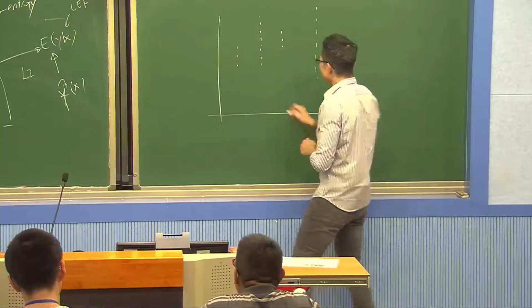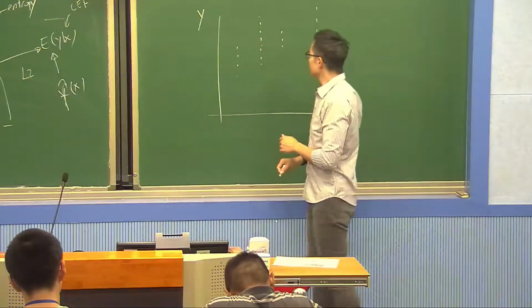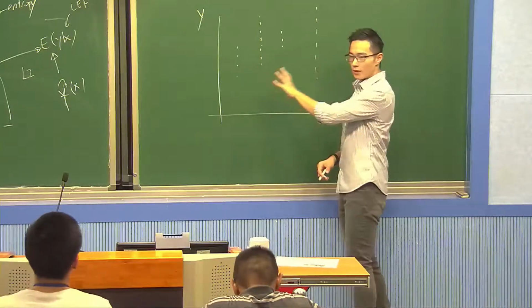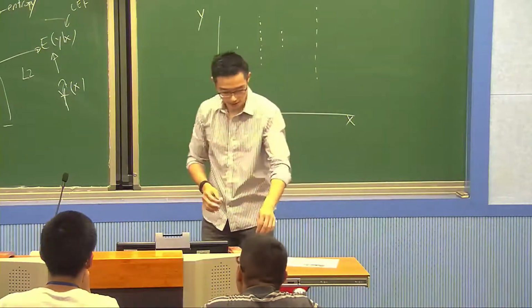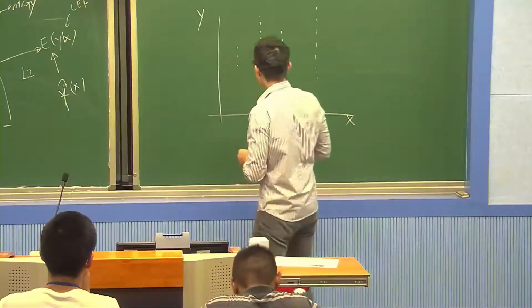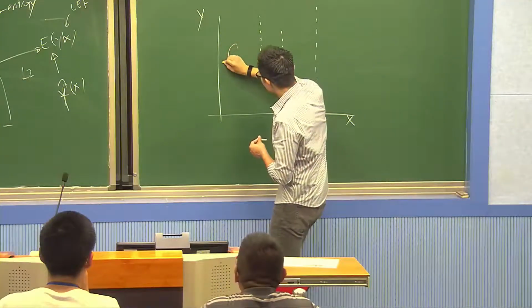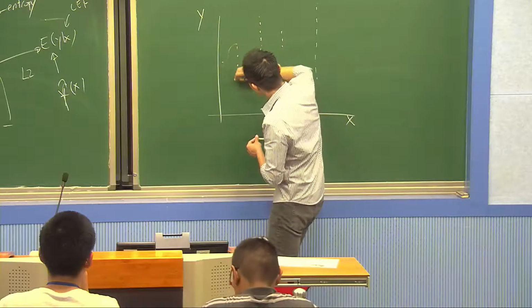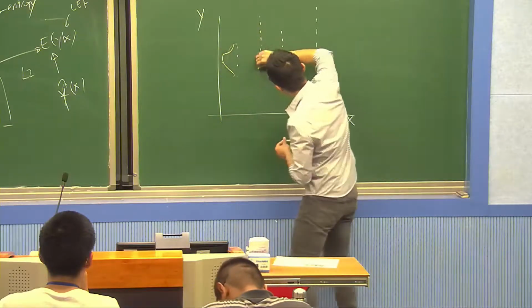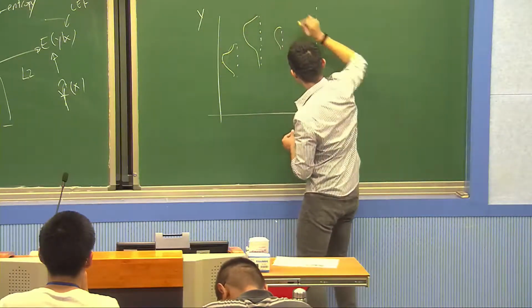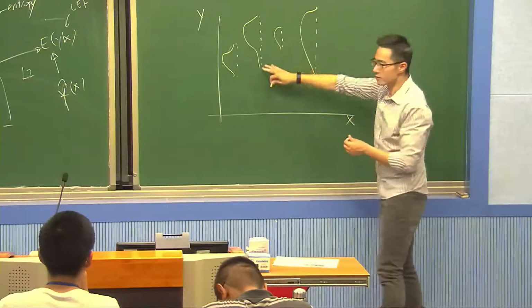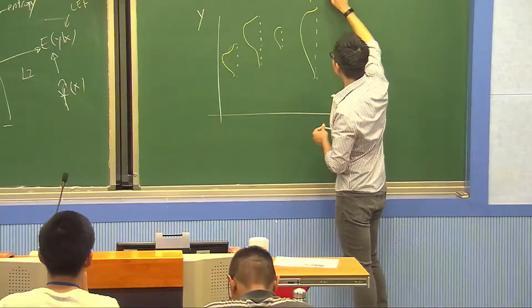Now, suppose this is x, this is y, and this is the underlying population, or maybe observed points. It doesn't matter. The first approach is to try to estimate P(y given x).